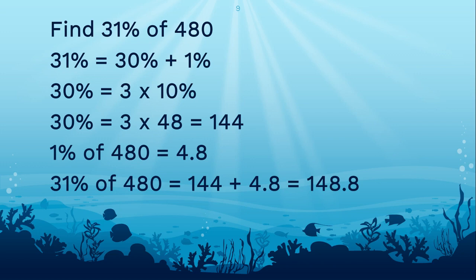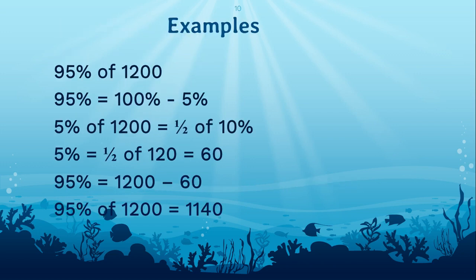So 3 times 48 is equal to 144. So we now have 30% is 144, and we add 1%, which is equal to 4.8. So adding 144 plus 4.8, that should give us 148.8, or 148.80 as our answer.